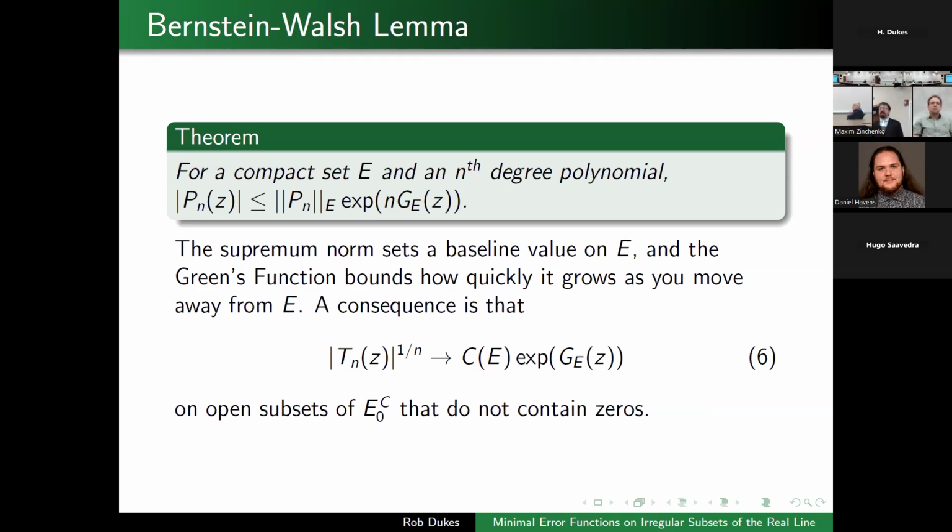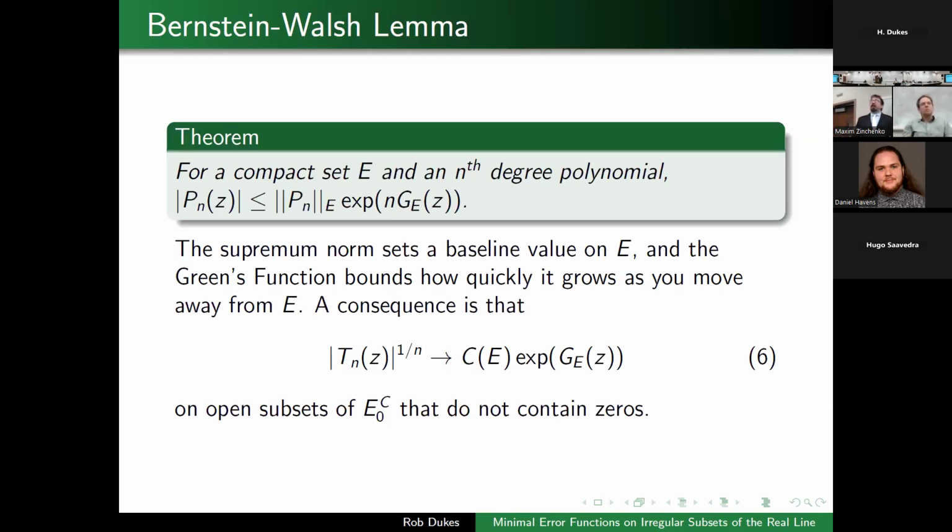It says that for any polynomial of degree n, with a compact set E, wherever it is, it's bounded by its own Chebyshev norm times the exponential of n G_E. So if we were on E itself, the Green's function would be 0, and that would just be the definition of the supremum norm. And then as we go away, this extra factor gives a growth rate.